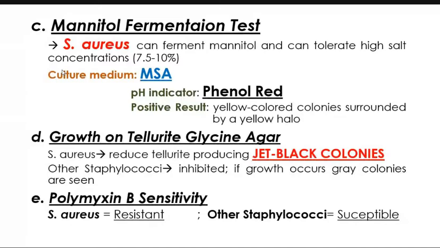Gram positive, catalase positive, coagulase positive. Would you proceed still to doing others like your mannitol test, growth on tellurite glycine agar, or you have to do again your polymyxin B sensitivity? No, ma'am. Why?